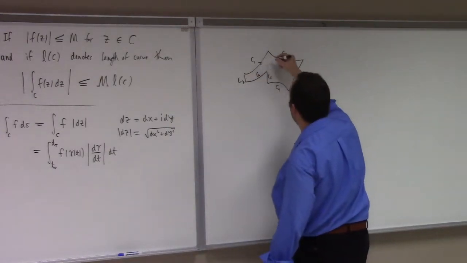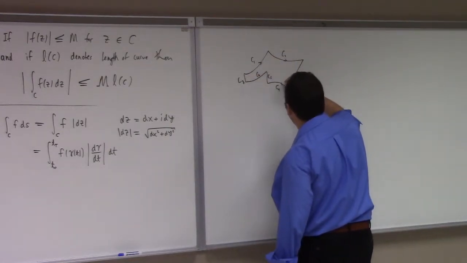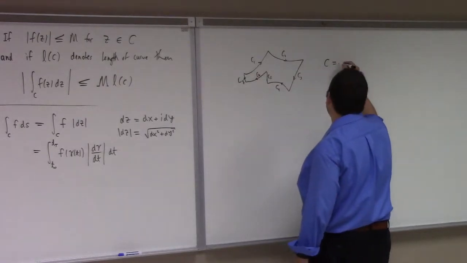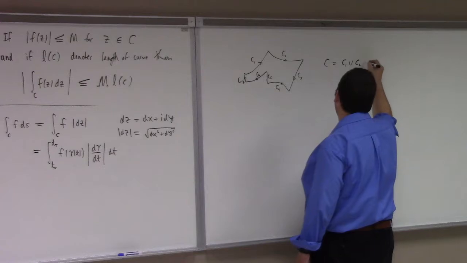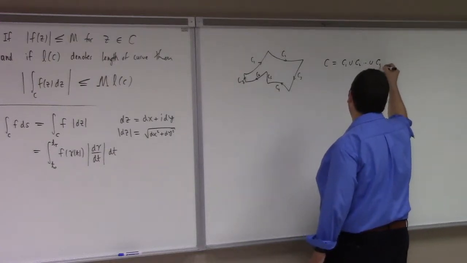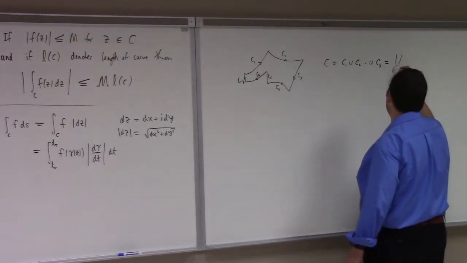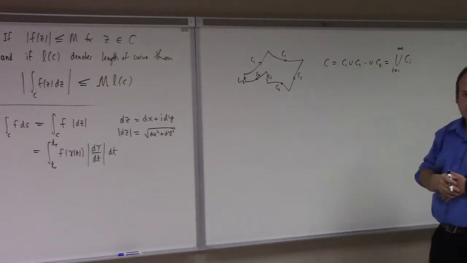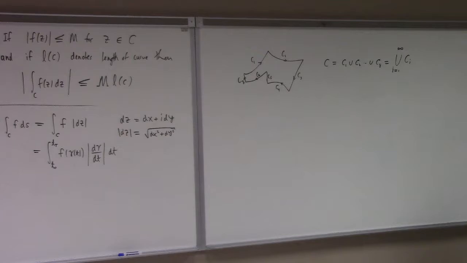Here's a horrible example. C is the union, in a more civilized notation, of C sub i for i equals 1 to 8. It's the union of these curves, and that union is not just a set theoretic union. I'm actually thinking of them as being ordered.